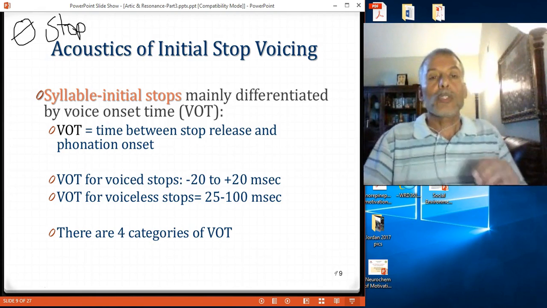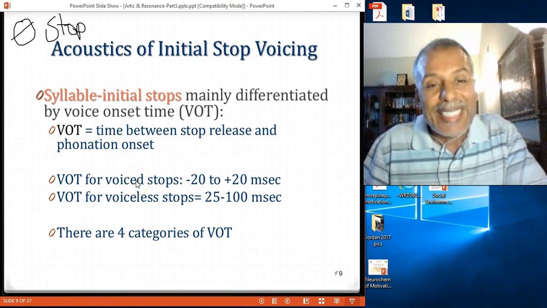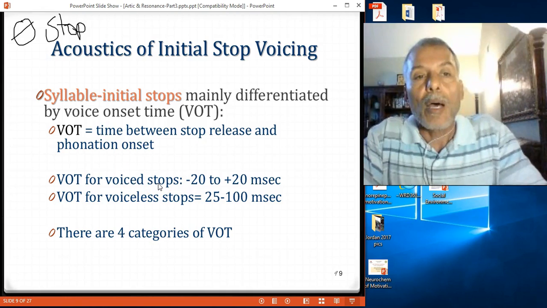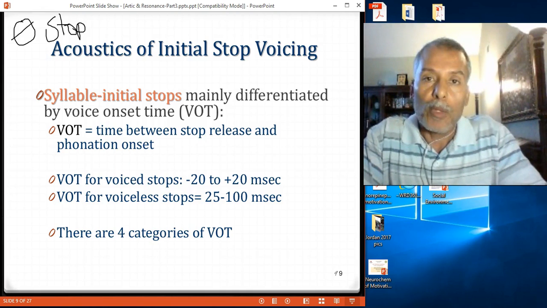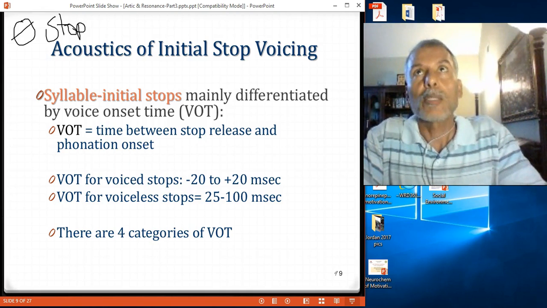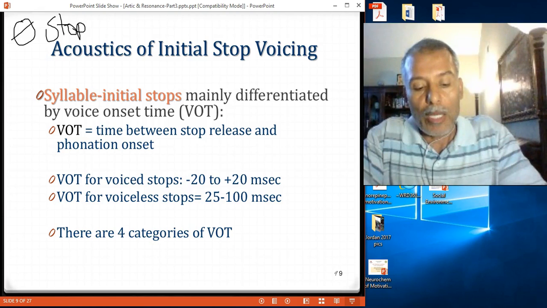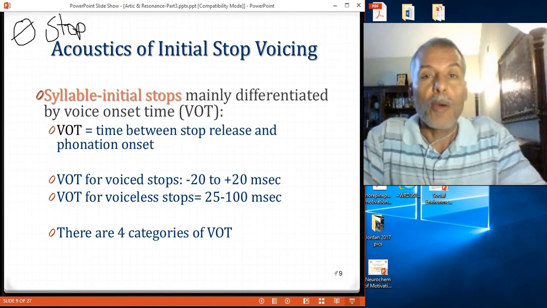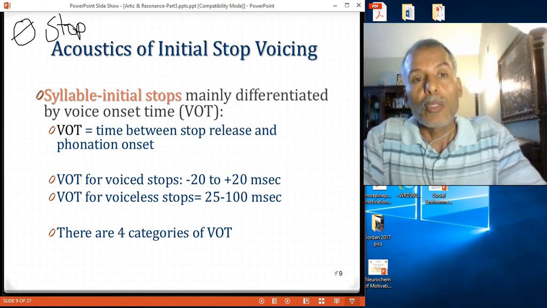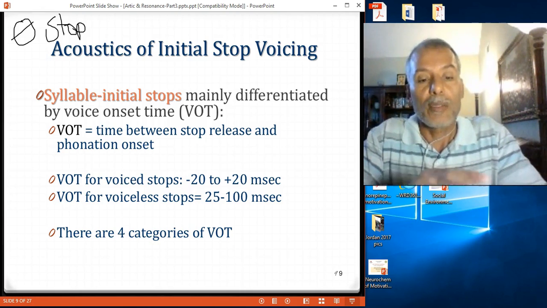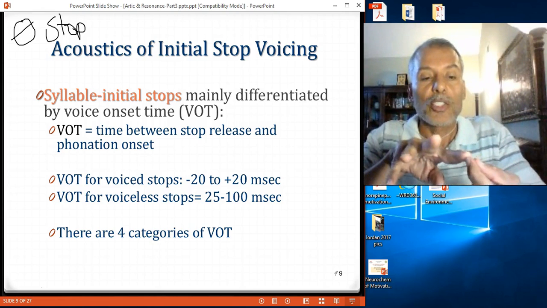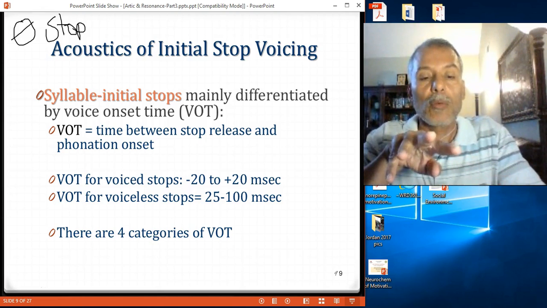So for the voice onset time for voiced stops, how many stops are there? The stops are 7. The one that occurs at the glottis is voiceless. So you have 3 cognate pairs. Each pair has 1 voiced and 1 voiceless.